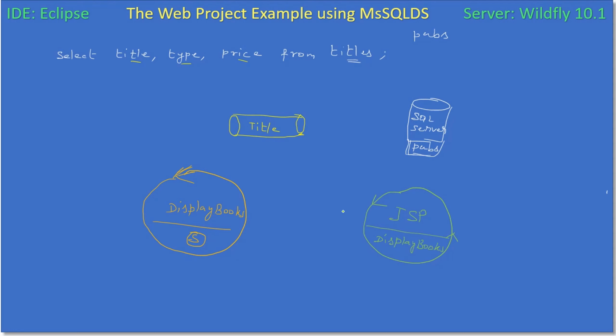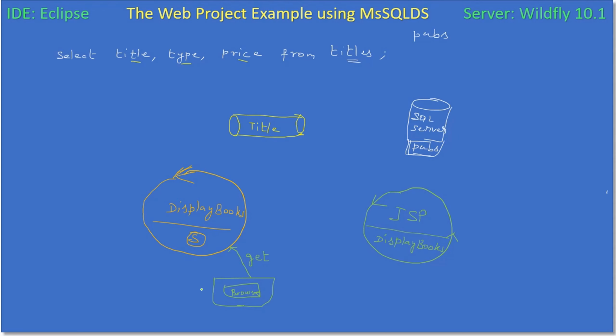If you see what happens, the user will be in a browser session. First they will make a GET request, that means they will directly browse the display books servlet. Usually it will not be like this, but here for demo purposes we are directly accessing the servlet.